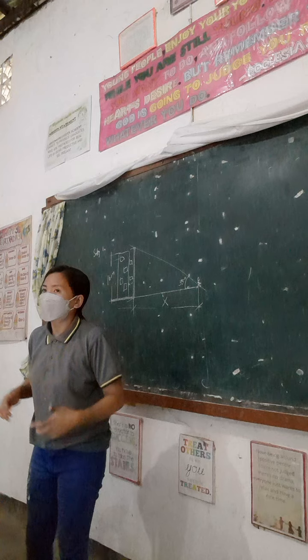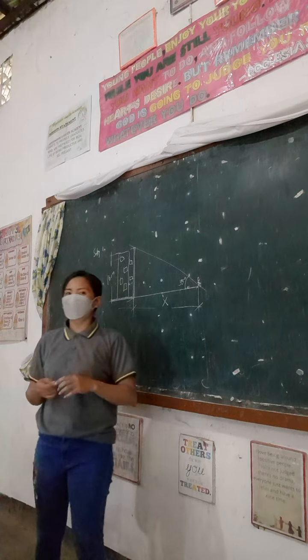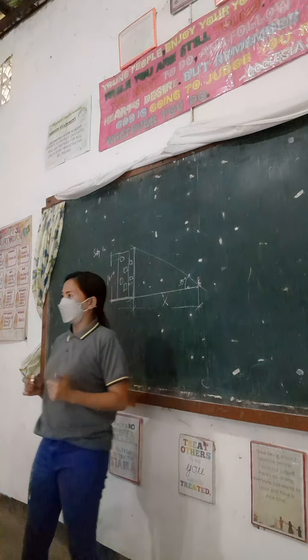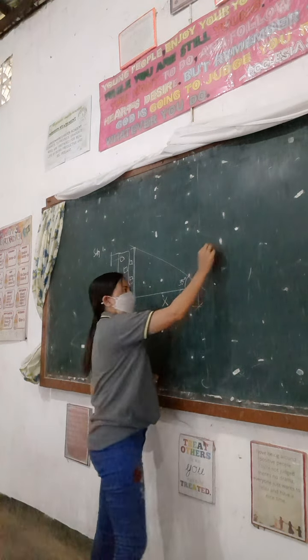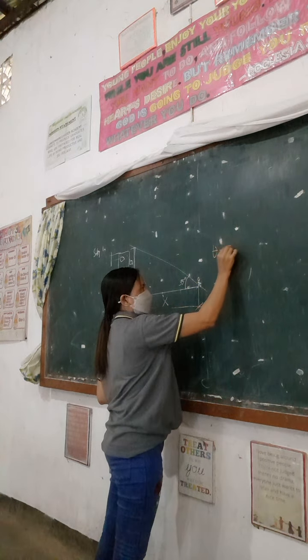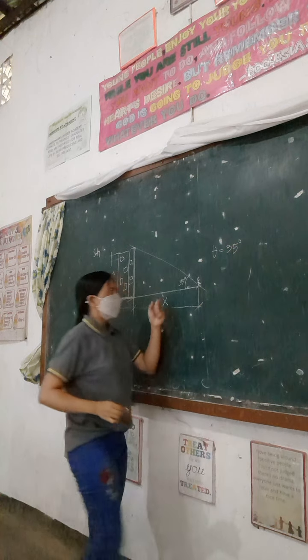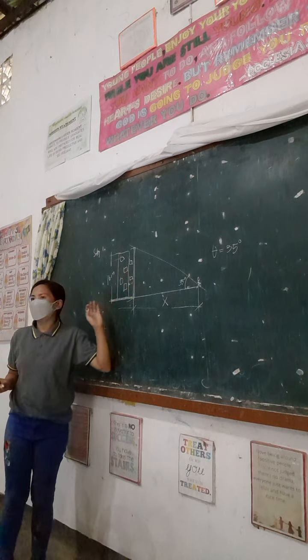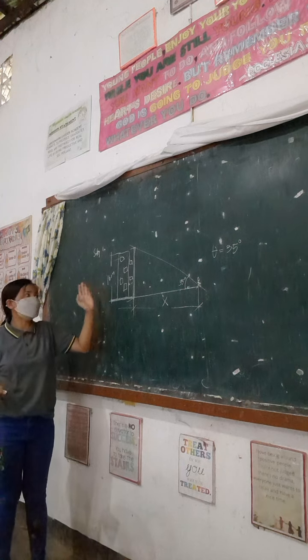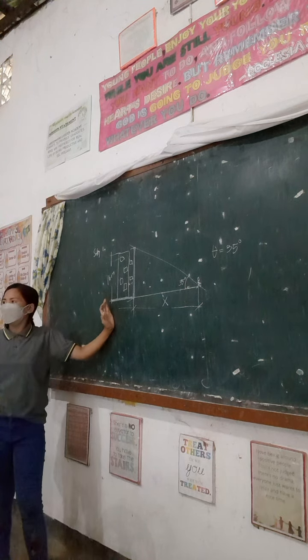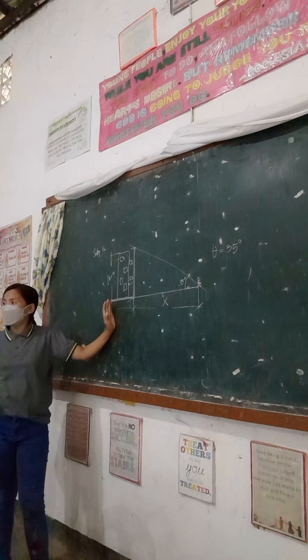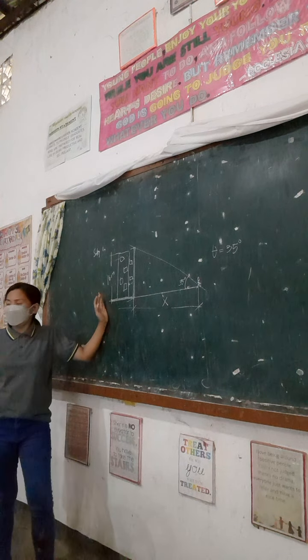Now, step 3. Use the appropriate trigonometric ratio to solve the problem. We have our angle, which is 35 degrees. What is given? 16 meters. Is it the adjacent, opposite side, or hypotenuse? Opposite. Correct.